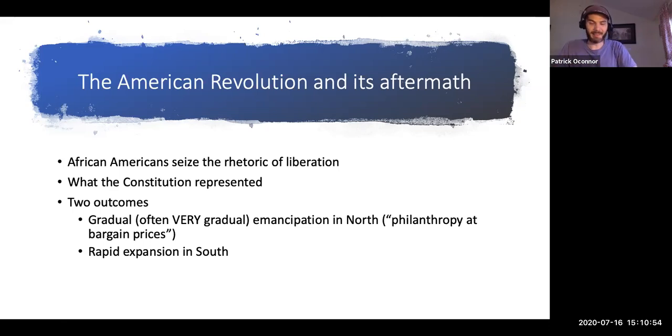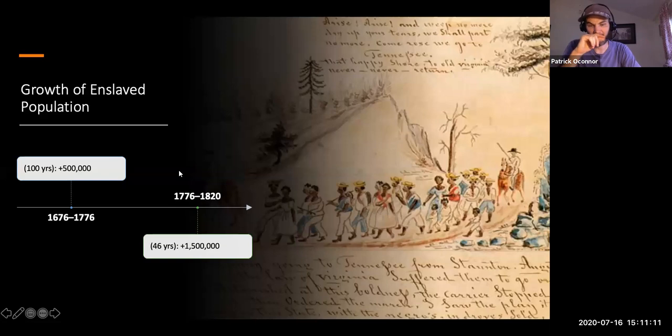This process accelerated a little later than that first that I just talked about. Really, it was around the turn of the 19th century, so now we're getting into the 1800s, that this really picks up steam. And I think a good way to just jump into it is to think about a few numbers.